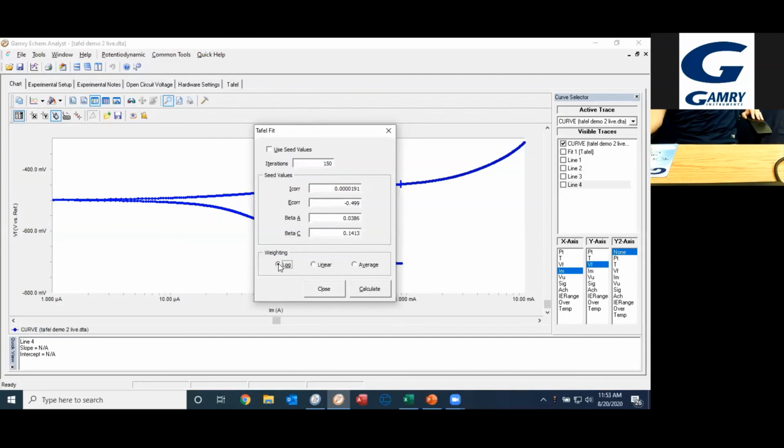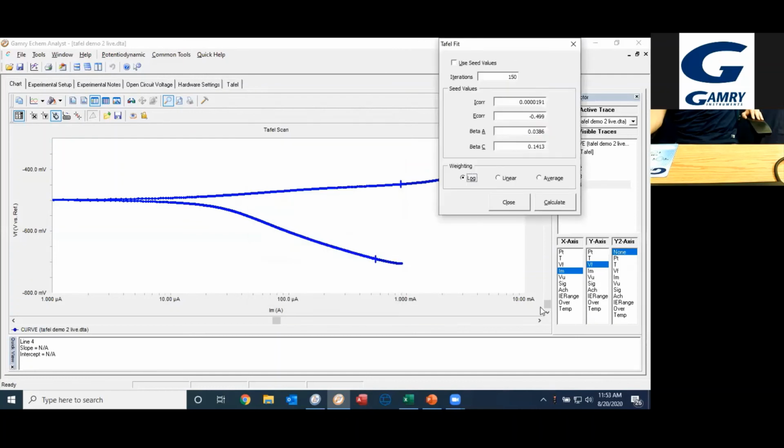Since we're on a log scale on the x-axis, I would use the log weight, because if you use something linear, these large values are going to dominate, and the smaller values are not going to affect the fit nearly as much. Same thing for the average. The average and the linear are somewhat similar that way. I would stick with log fit until you feel the need to try something different.